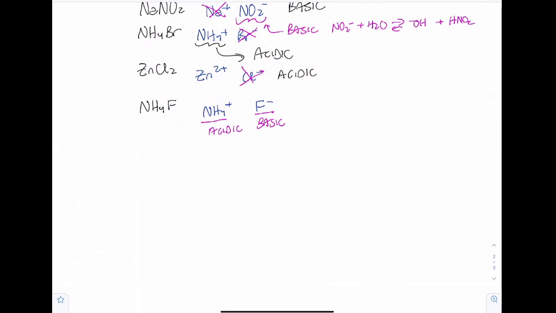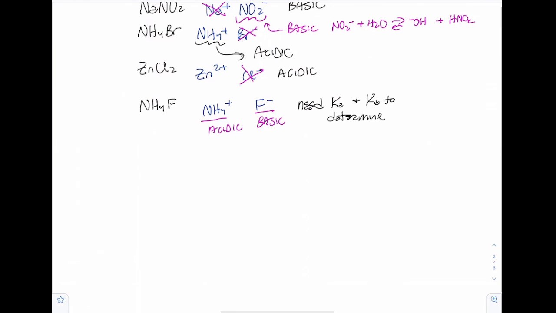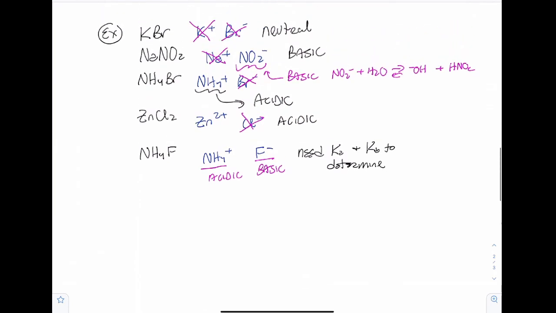Since I didn't give them to us, we can just say we need the Ka and Kb to determine, right? It could be neutral if the Ka is equal to the Kb, it could be acidic or it could be basic, just depending on those relative values. In our next video, we will actually go through an example where we calculate the pH instead of just predicting the pH.